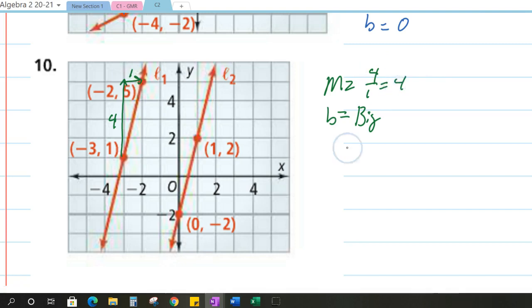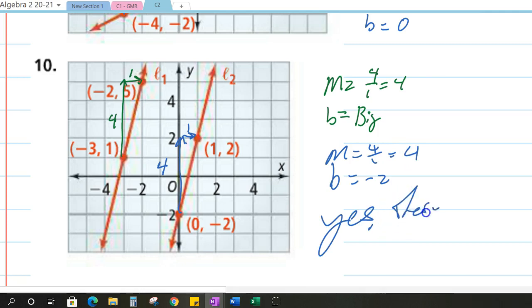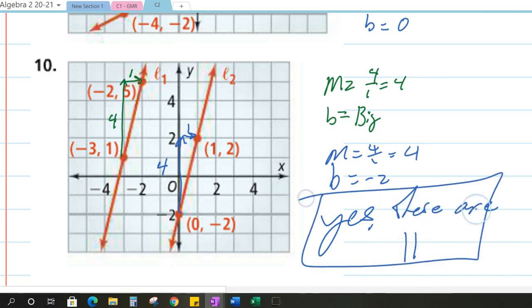Now for the other line, my b is equal to -2, and my slope is rising from -2 to +2, which was 4, and I'm running 1. So 4/1, which is equal to 4. So you would say, yes, these are parallel. Now, the two vertical lines side by side is the symbol for parallel lines.